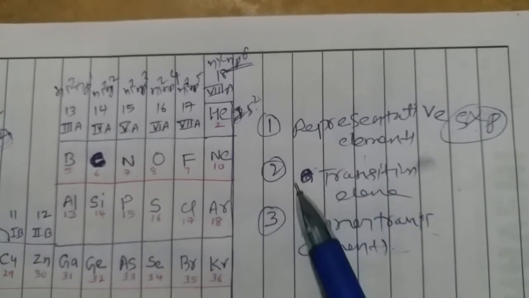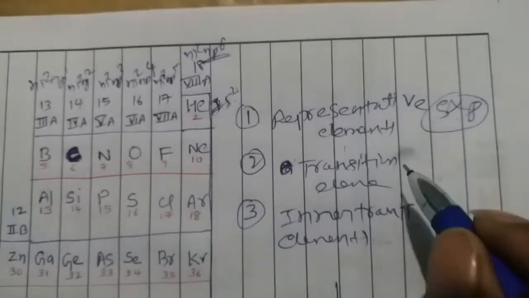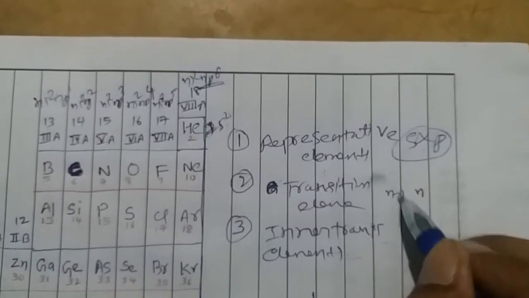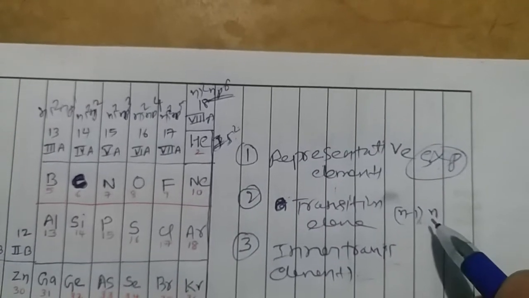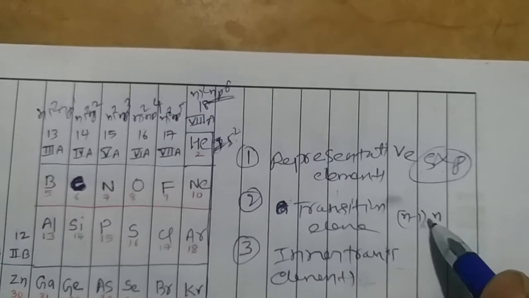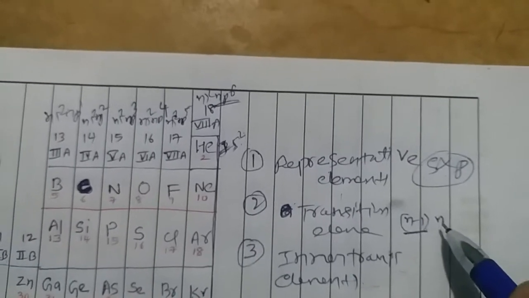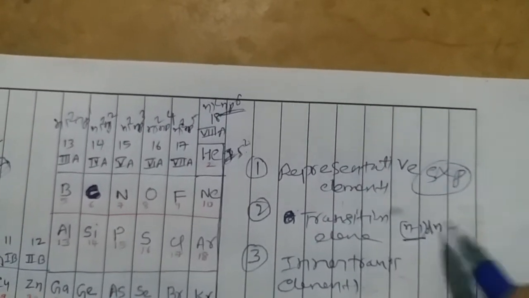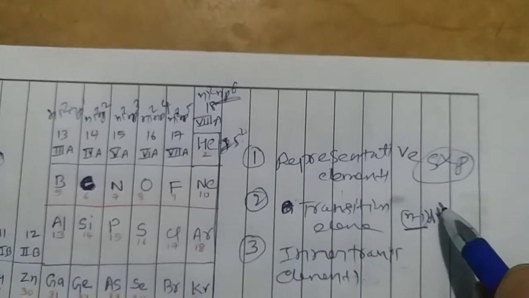And transition elements. Transition elements means the penultimate shell of an element is not filled completely, then that element is called a transition element.